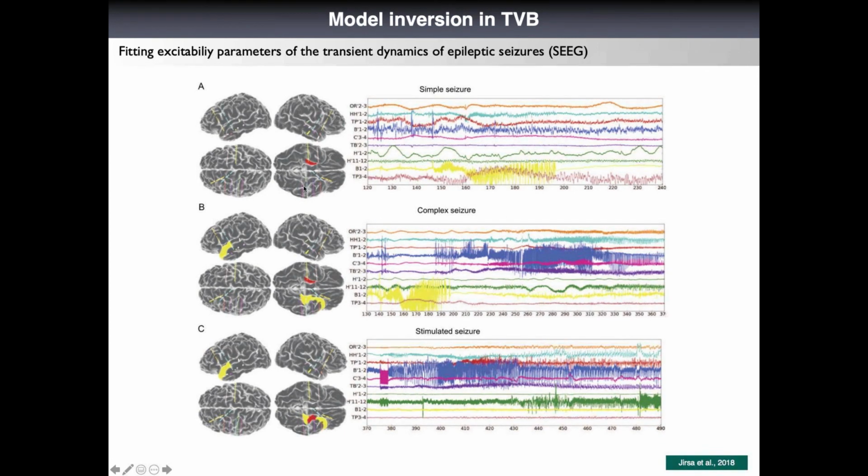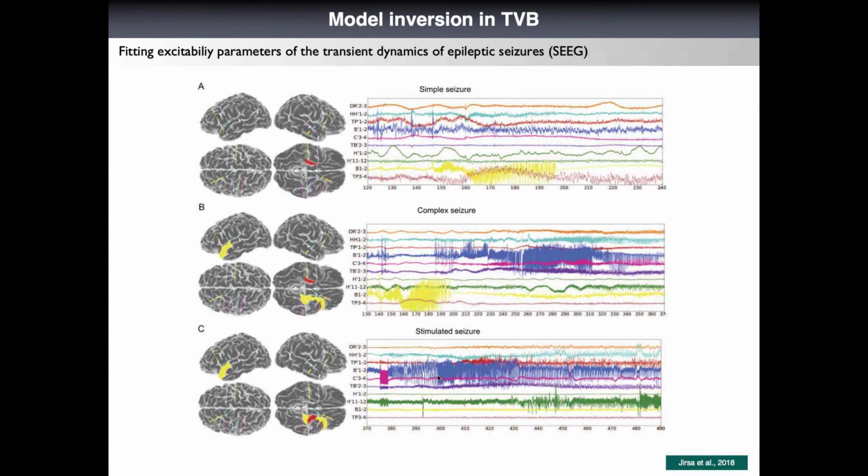What you see here is the brains of patients that have SEEG channels implanted. You see a simple seizure starting, recorded by a specific SEEG contact and pretty much staying there, against another complex seizure starting from the same site, but then spreading to other channels. And you have also a simulation of the seizure by TVB.